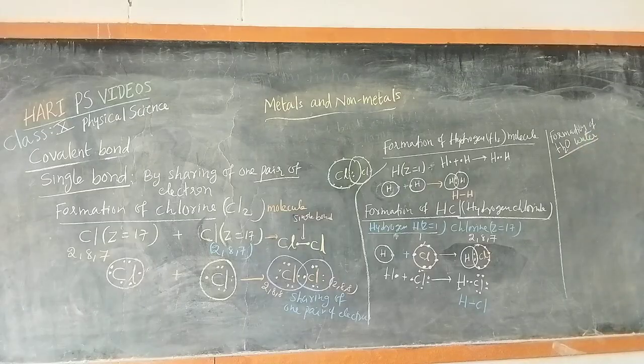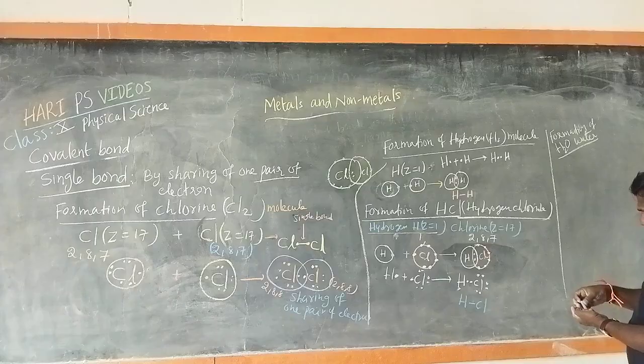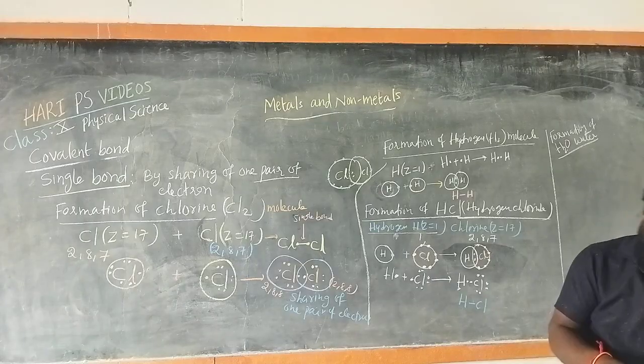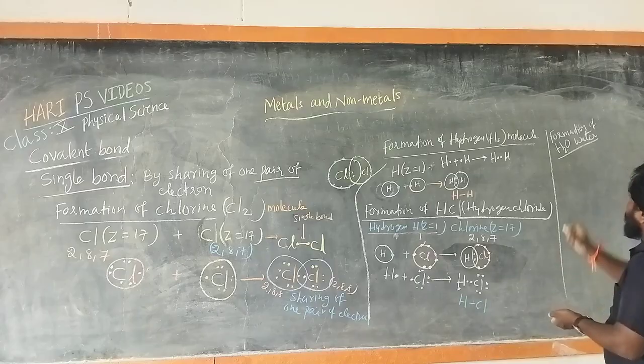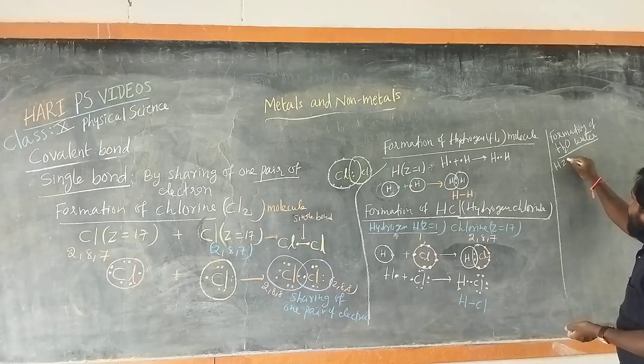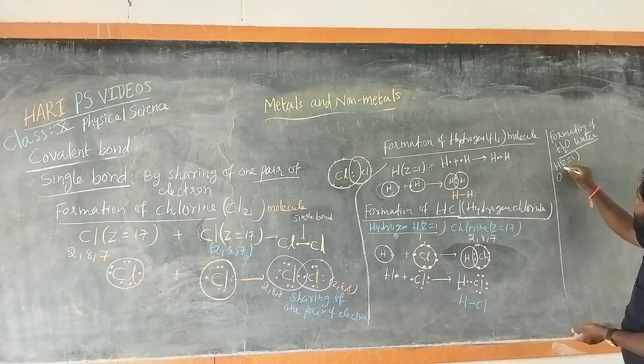Formation of water. So as we know, hydrogen Z is equal to 1, oxygen Z is equal to 8.